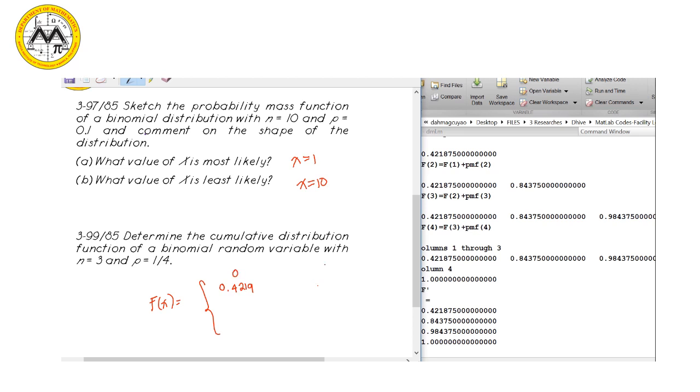So we start with 0 when x is less than 0, 0.4219 when x is greater than or equal to 0 but less than 1, 0.8438 when x is greater than or equal to 1 but less than 2, and it is equal to 0.9844 when x is greater than or equal to 2 but less than 3, and it is 1 when x is greater than or equal to 3. So that's it.